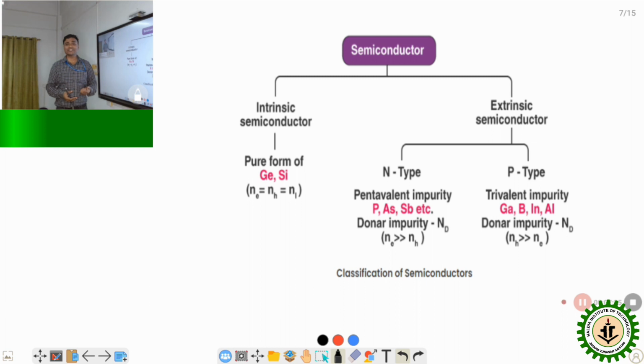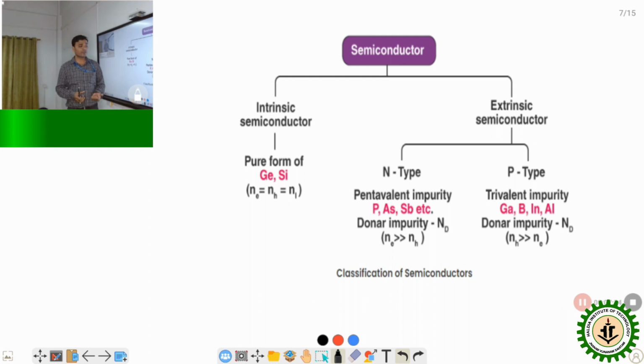Whereas extrinsic semiconductor is when silicon and germanium are externally doped. When we dope trivalent, pentavalent or other atoms into silicon and germanium, it is called an extrinsic semiconductor. So a pure semiconductor, when doped with other atoms, is converted to an extrinsic semiconductor.